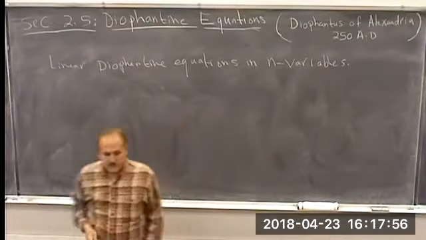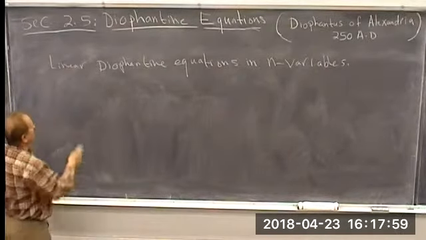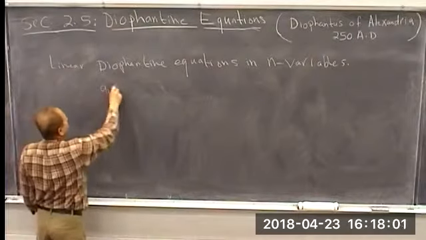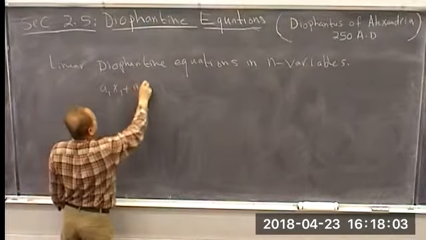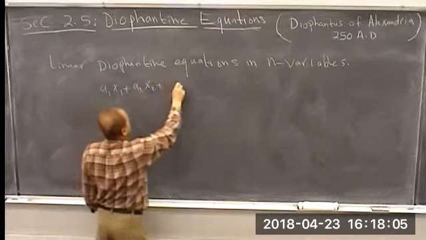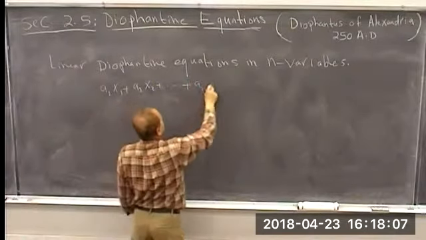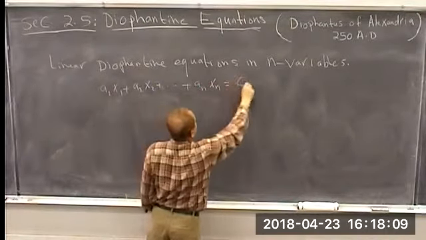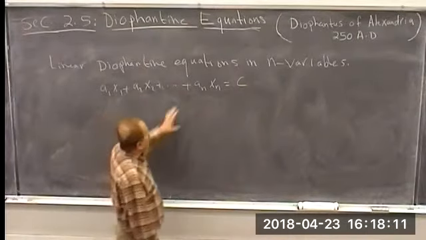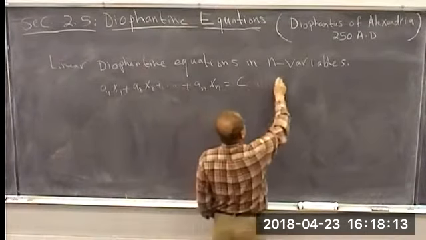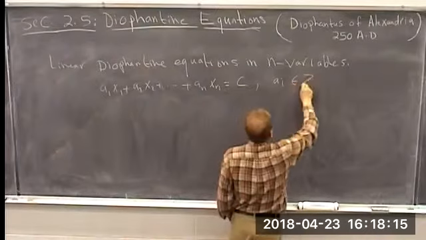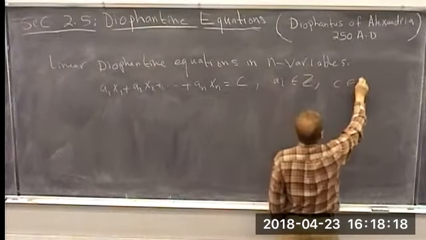All right. Again, such an equation is going to look like this: a1 x1 plus a2 x2 plus ... plus an xn equal c, where all the coefficients here, the a's are constant, they are integers as well as c.